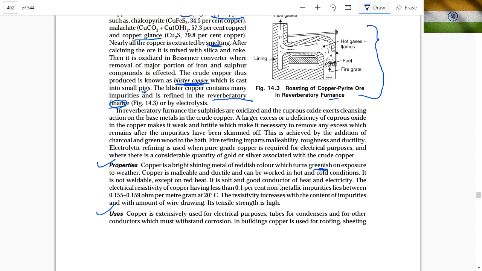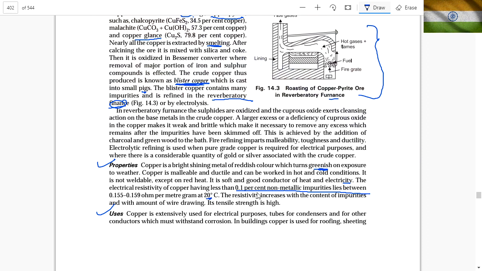It is soft and a good conductor of heat and electricity, and that is why we are using it for electric wires. The electric resistivity of copper having less than 0.1% of non-metallic impurity lies between 0.155 to 0.159 ohm per meter gram at 20 degrees centigrade.